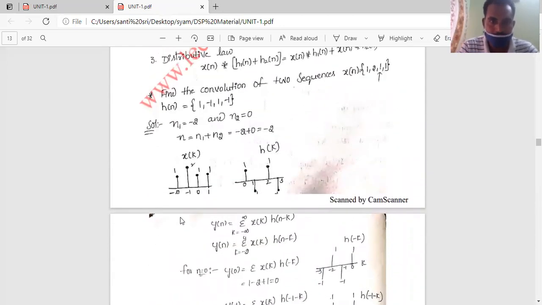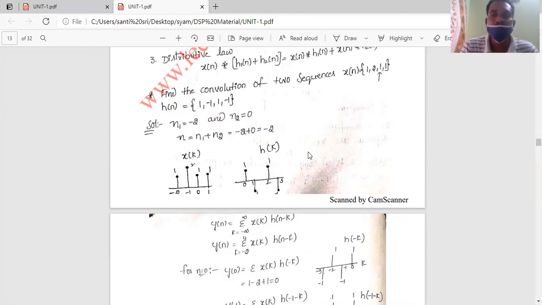So for x of k, the first k value is minus 2. After that minus 1, after that 0, after that 1, after that 2, after that 3, after that 4. Right? So what is the formula for finding the convolution? y of n equal to sigma k equal to minus infinity to infinity x of k into h of n minus k.